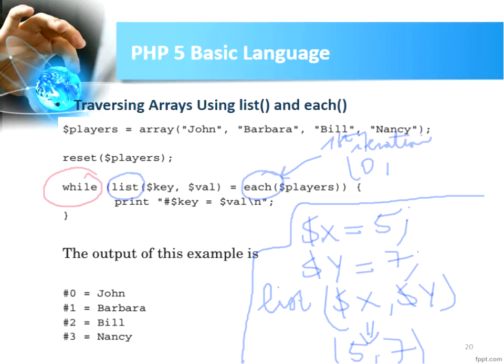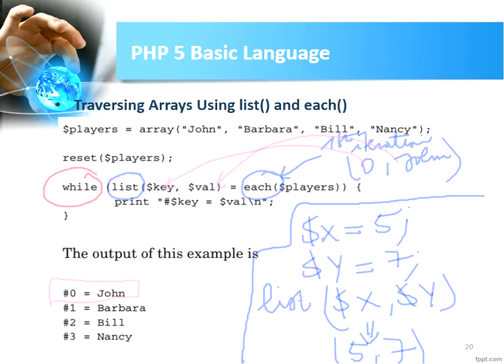After that, each($players): this function gives me in the first iteration, for example, 0 John. So I make list($key, $val) = each($players). That means in the first iteration the key will be 0 and the val will be John.